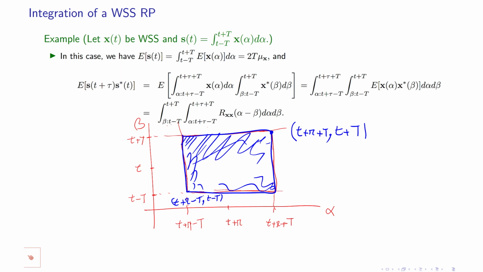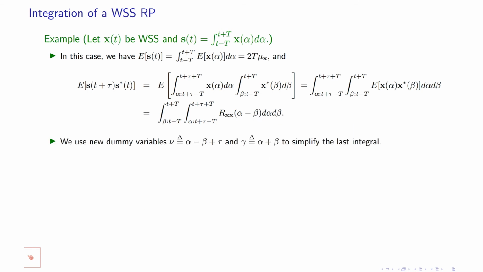The thing is that this function is a function of alpha minus beta. So this double integral could be simplified if we change these two dummy variables, alpha and beta, to something such that we could convert the double integral into a single integral. To do that, I define nu equal to alpha minus beta plus tau and gamma equal to alpha plus beta.